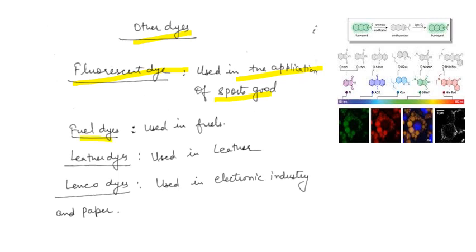The fuel dyes are specifically used in the application of fuels. The leather dyes are used for leather materials. The leuco dyes are used in the electronic industry and paper. So for specific applications, they are prepared for their use.